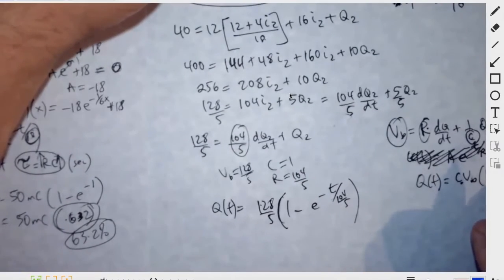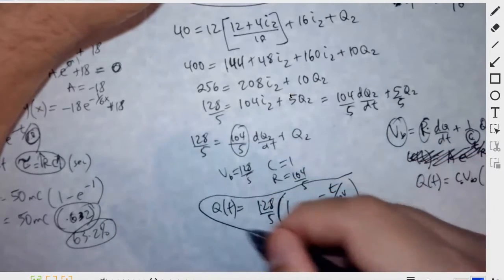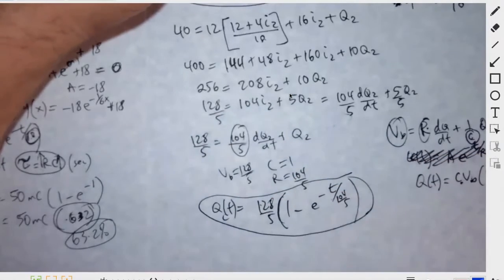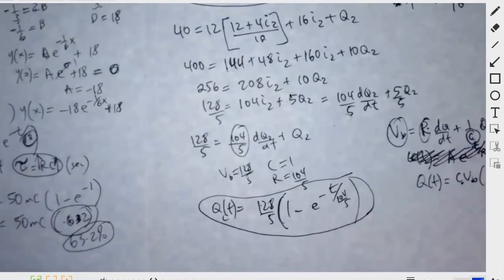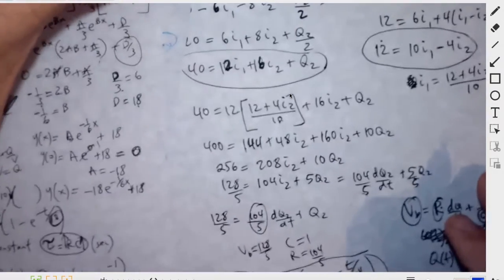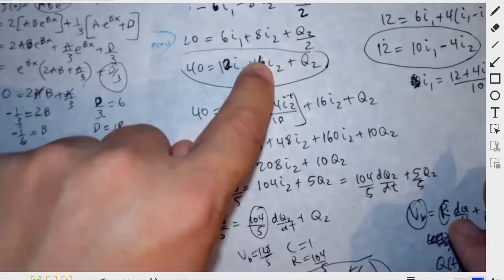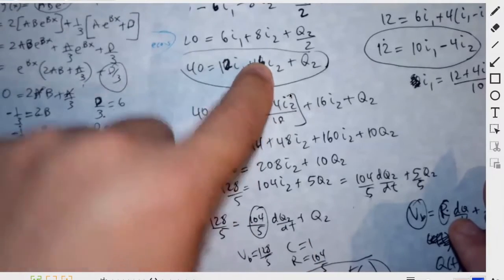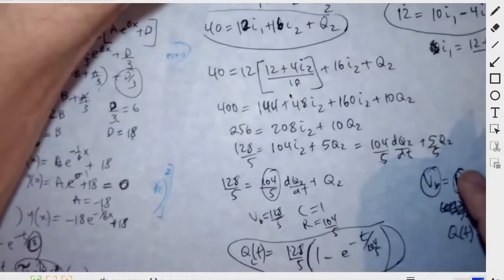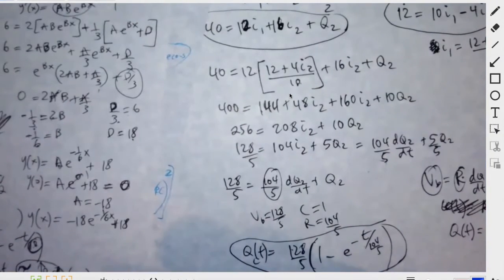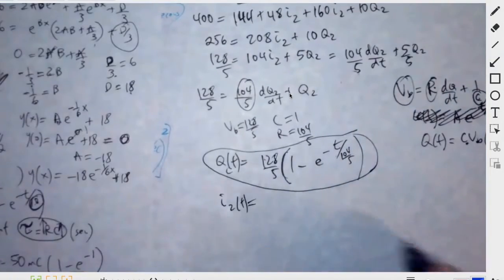Now, once I have the equation for the charge of the capacitor, everything falls into place. If I know the charge of the capacitor, I could differentiate that to get I2 as a function of time. I2 is simply the derivative of that.